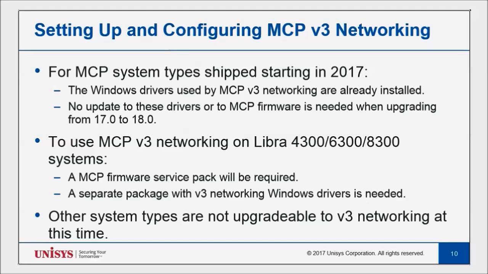And installation of that package is what triggers the switch from traditional TCPIP to TCPIP v3. Once those drivers are present, System Editor will see NP units, and once NP units are presented to TCPIP support, it will run in TCPIP support v3 mode. Other system types are not upgradable to v3 networking at this point.